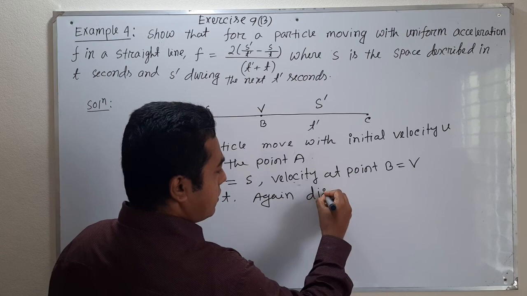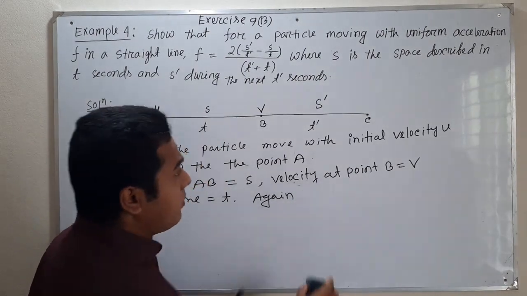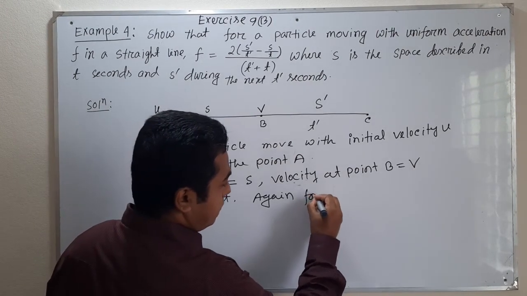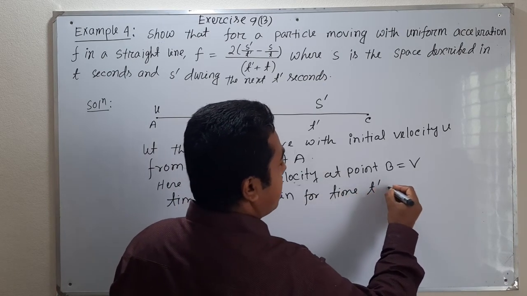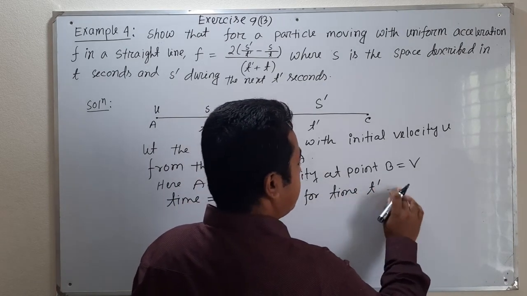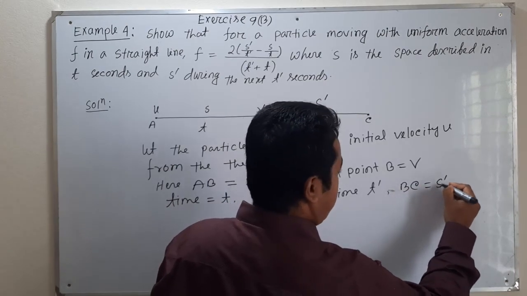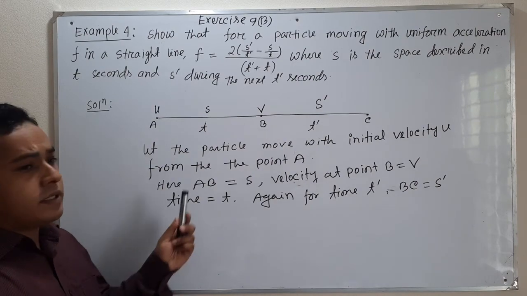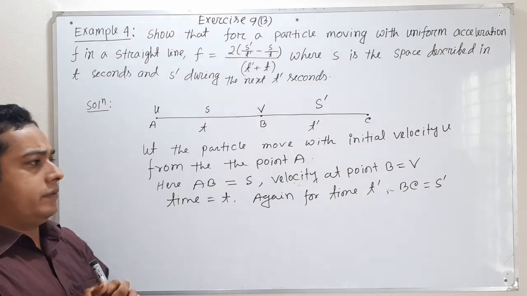Again, for time t prime, BC is equal to s prime. Okay, now this is our description for the whole journey of this particle.